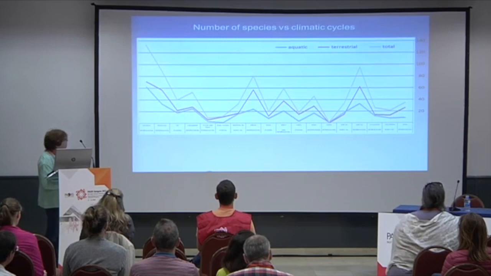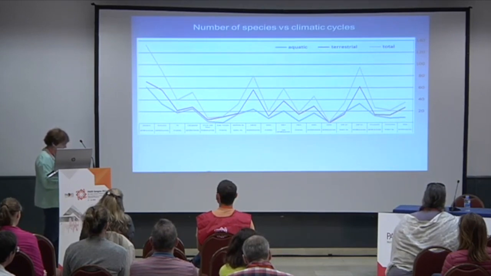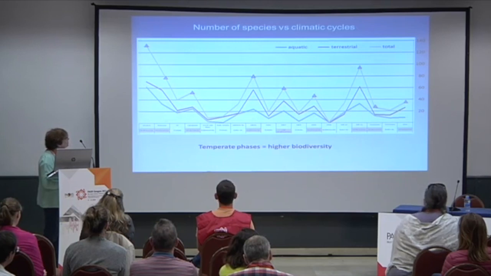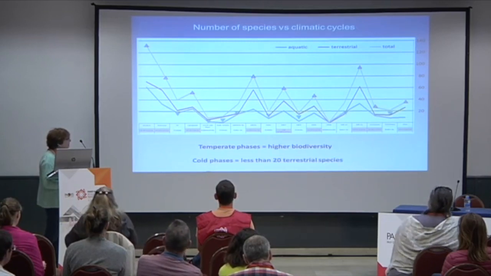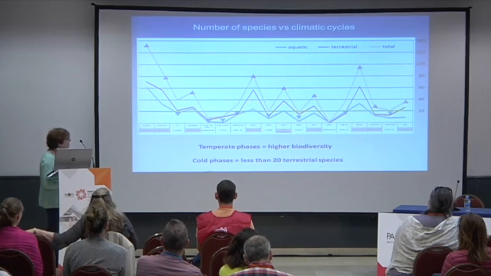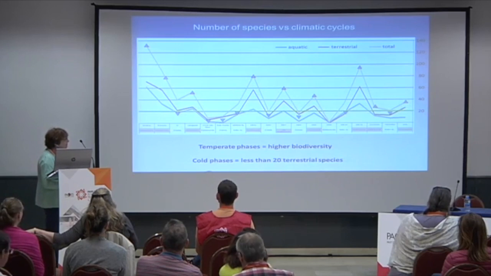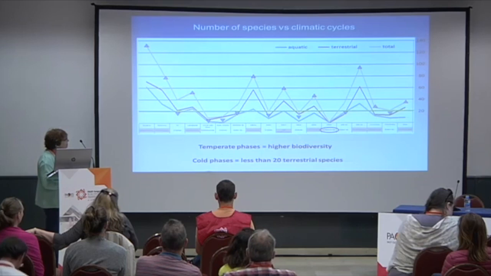So first, if we look at the number of species, because most mollusks can be identified at the species level, the first thing to see is that temperate phases, of course, exhibit the highest biodiversity, while cold phases yield less than 20 terrestrial species, and here we have the effect of bad sampling just for this interglacial period.